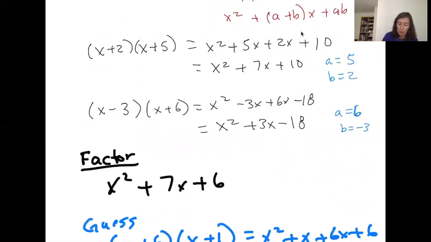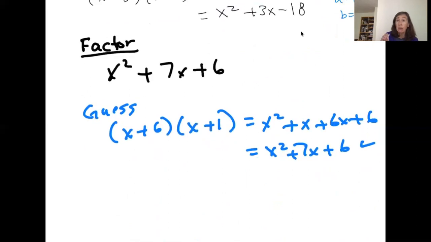Okay. So I've got another video with a few more examples involving some negative signs. Check that out, or just go right to the problems and do some practice factoring these guys, and you'll be in great shape to go.